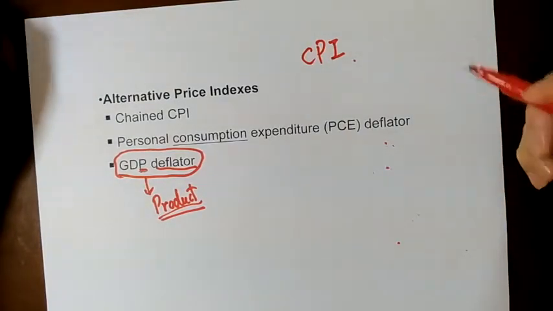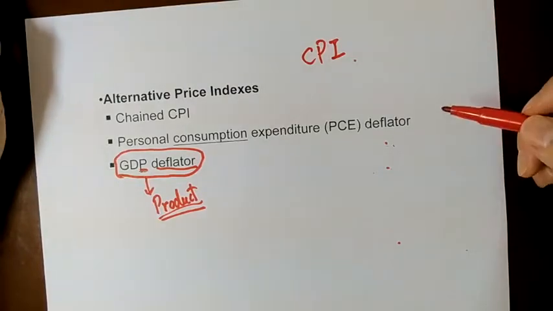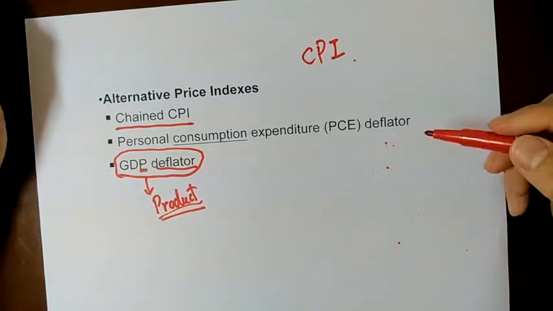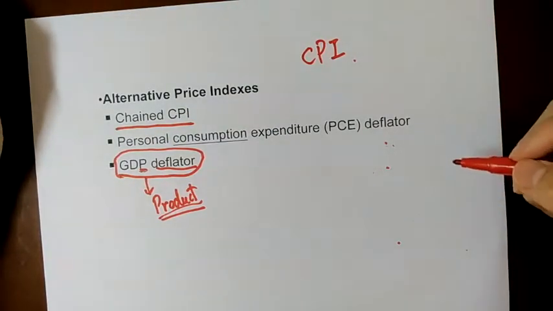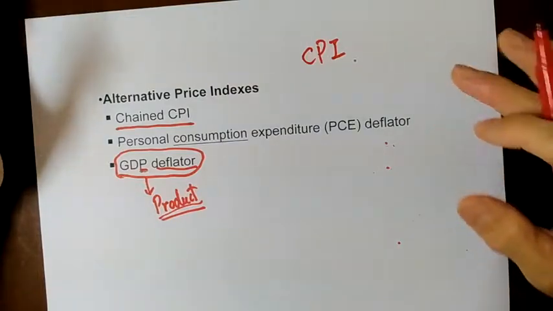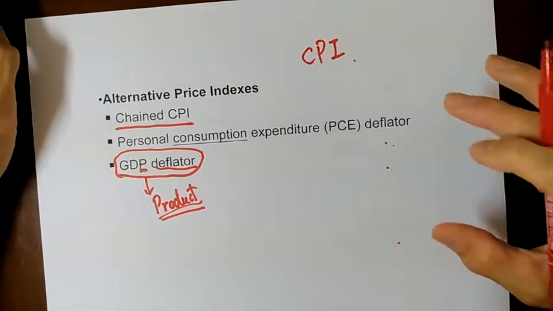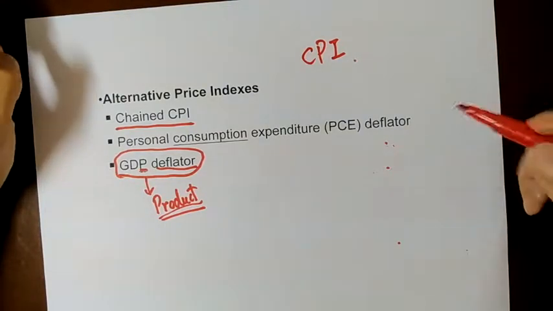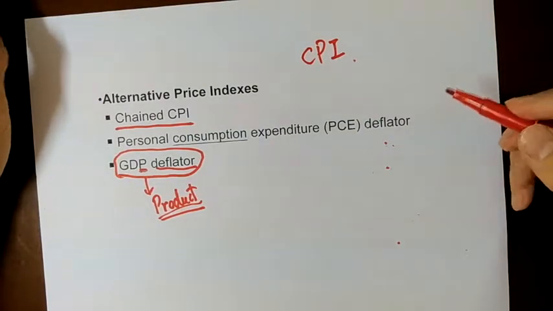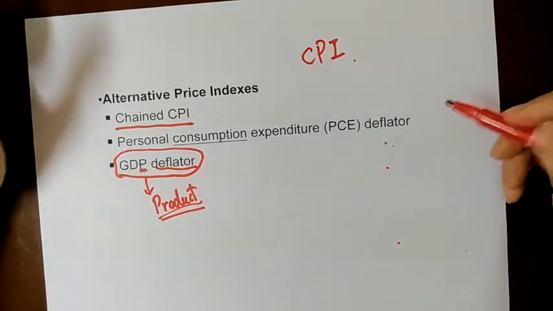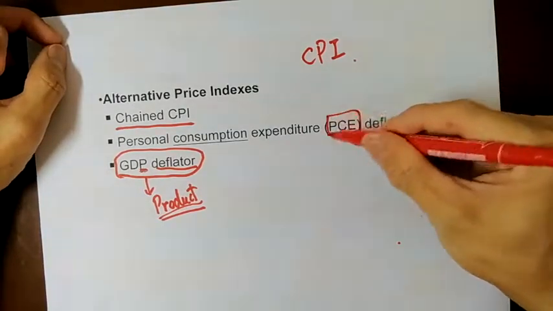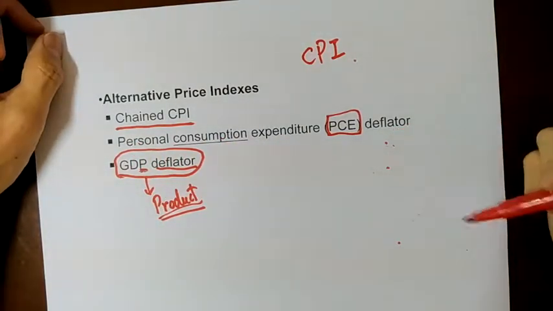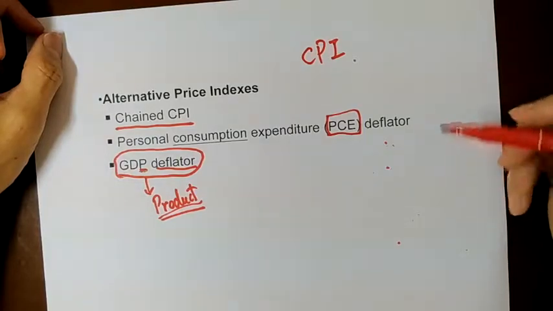What other price indices are available? Say, for example, we can calculate the chained CPI. The concept is exactly the same as chained real GDP. Now, the most popular one used by the US central bank and the government is called PCE, the Personal Consumption Expenditure Deflator. What is this?